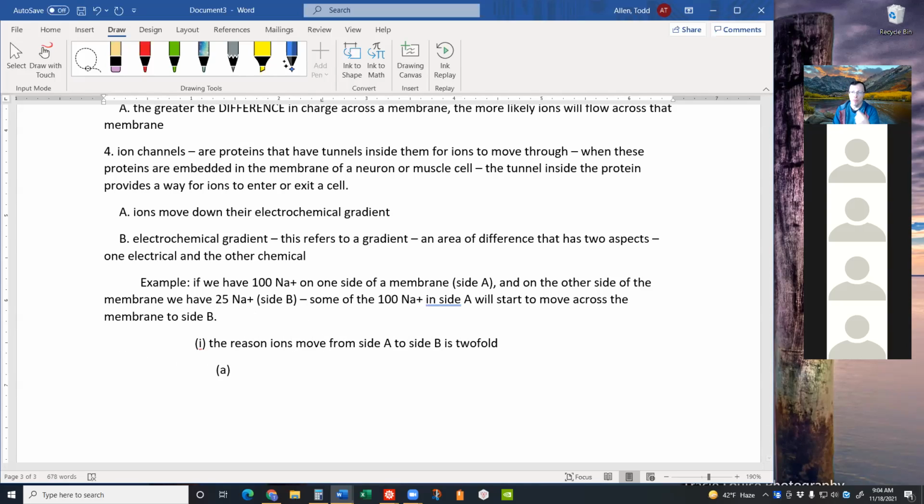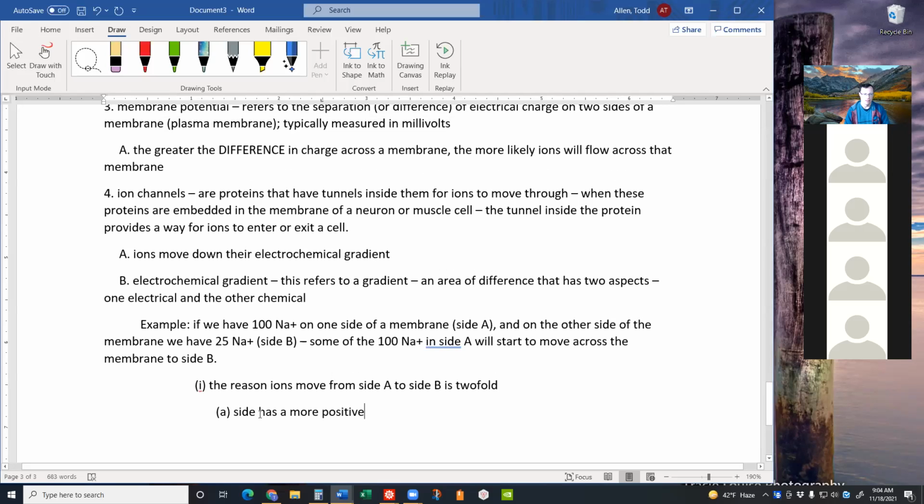That's the electro portion of the electrochemical gradient. Side A has more positive charge.